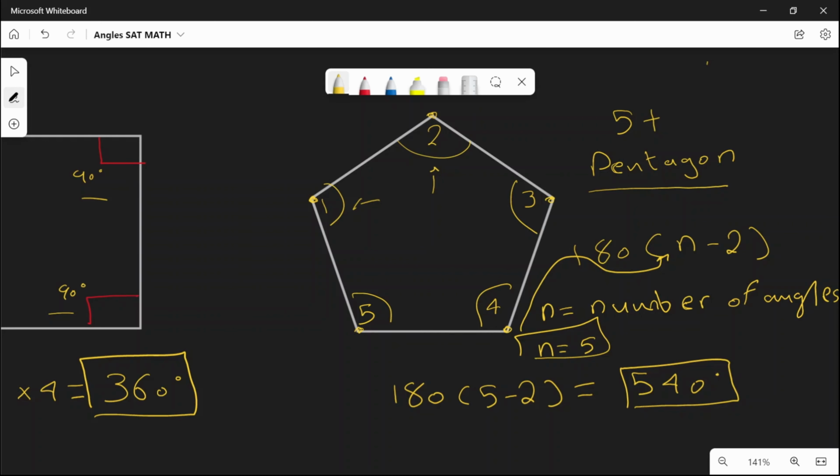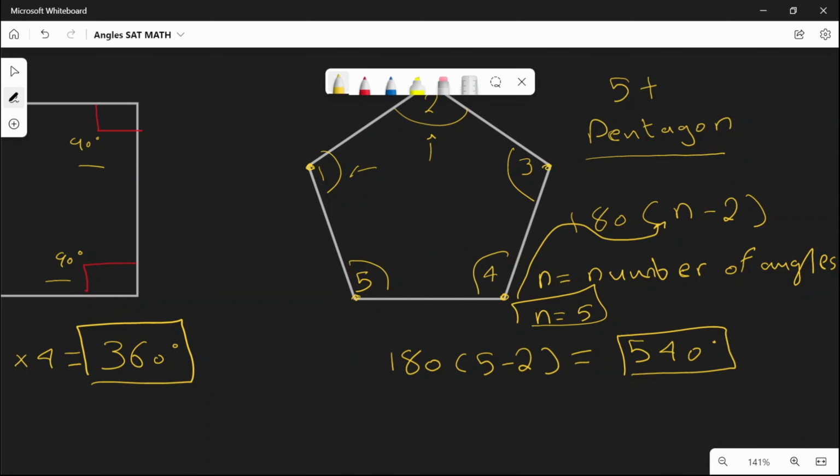So to find the measure of any angle individually, we can divide 540 by the number of angles, which is 5. So we will have 540 divided by 5, which is 108 degrees. So each angle in a pentagon shape is equal to 108 degrees.